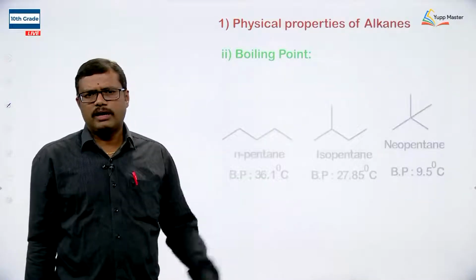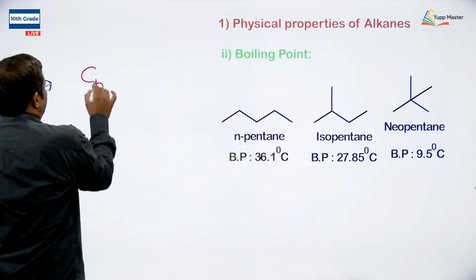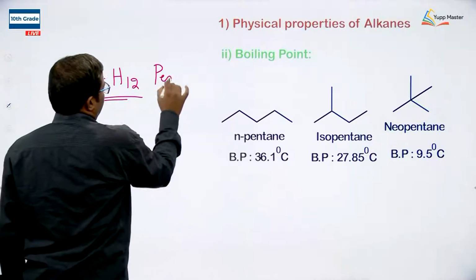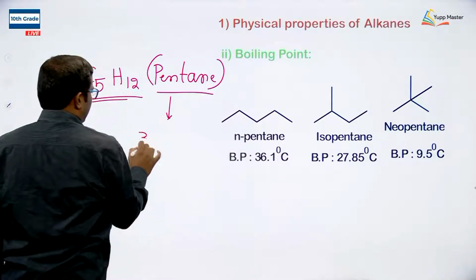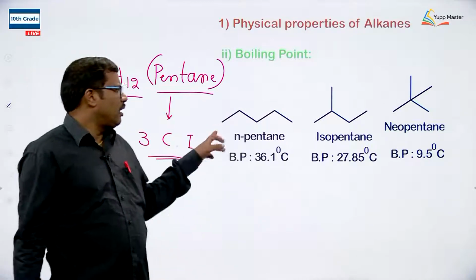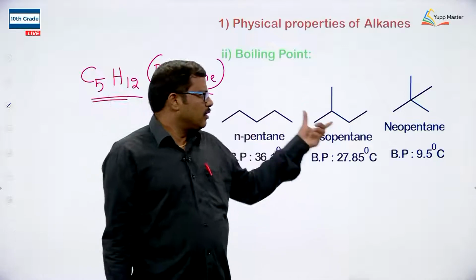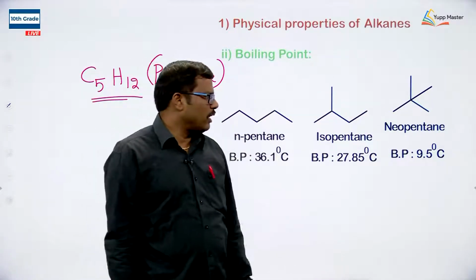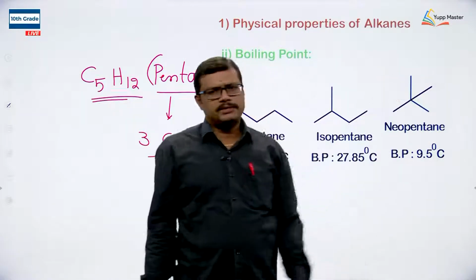Take an example of a five carbon chain, an alkane having five carbon atoms, C5H12. We know pentane exhibits three chain isomers. All five carbons can be arranged in a straight chain; or four carbons in a straight chain and one carbon as a branch; or three carbons in a straight chain and two carbons as branches.